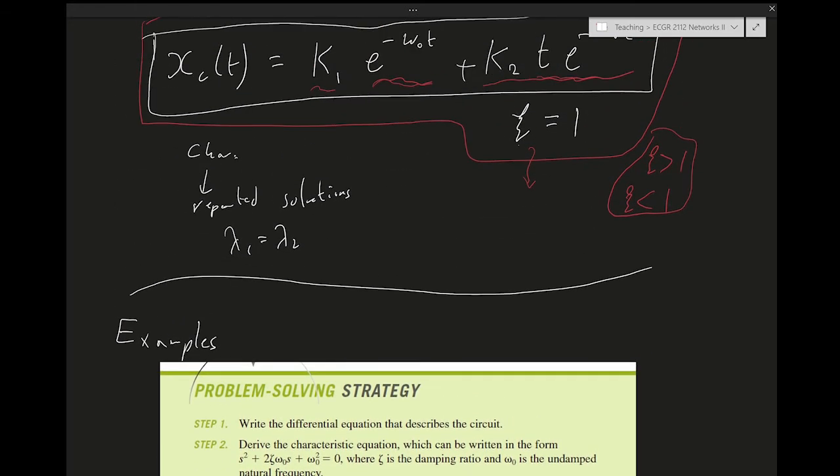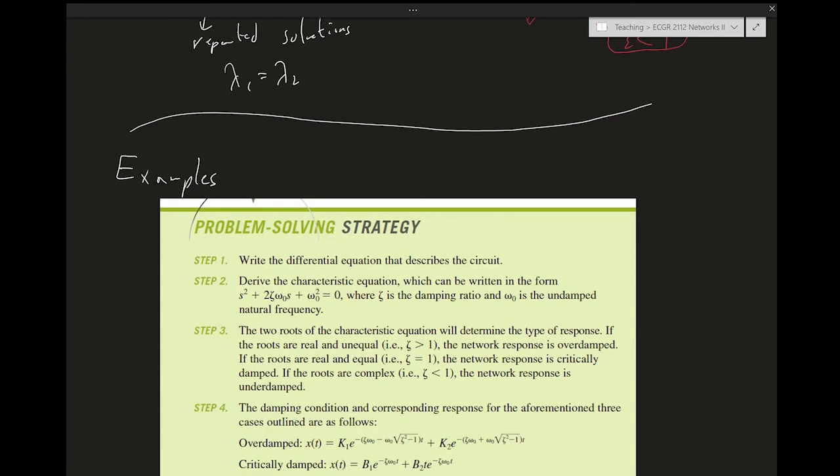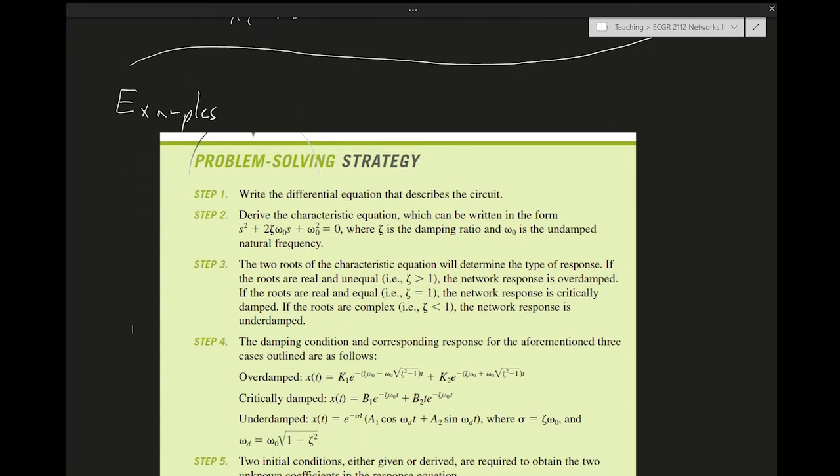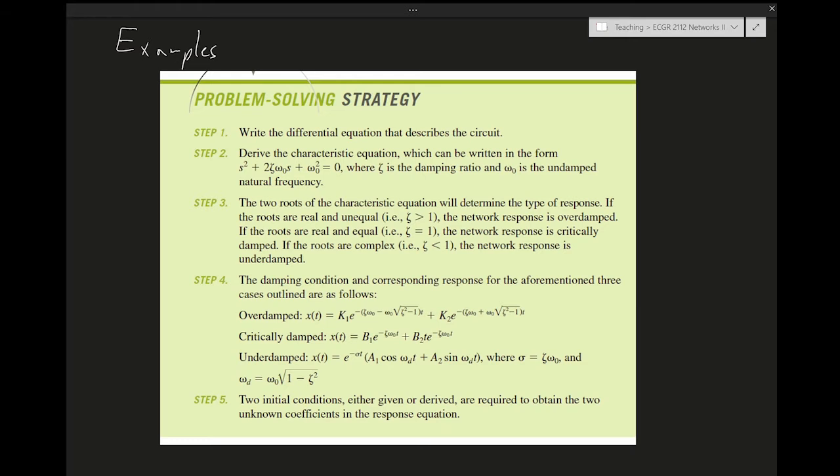Right, so I want to go back and solve some examples. First, I want to go through the problem solving. Remember how we approached first order circuits from a methodical approach. We described concrete steps that you need to go through to solve any first order circuits.